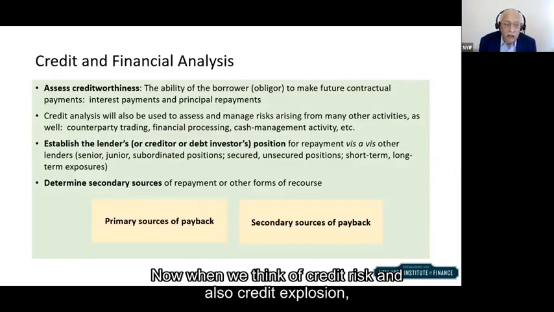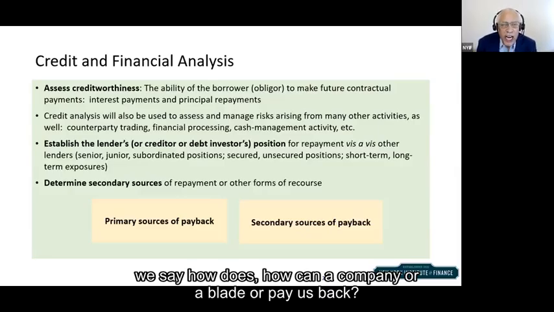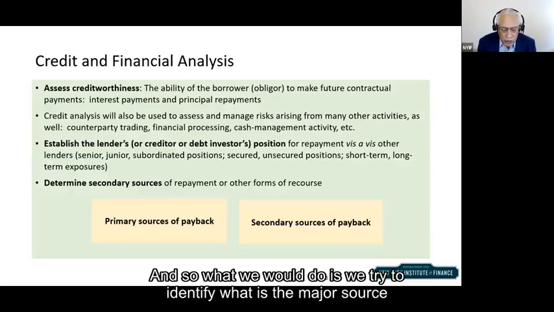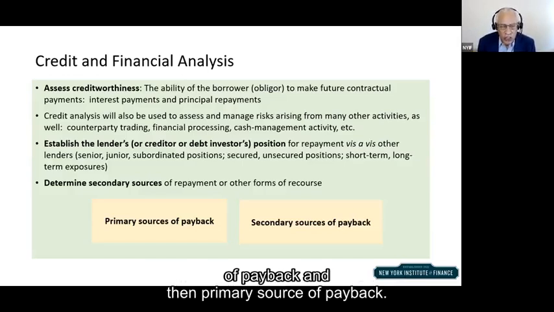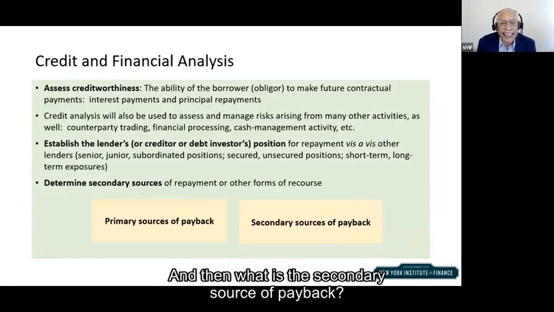Now, when we think of credit risk and also credit exposure, we say, how can a company or obligor pay us back? So what we try to identify is the major source of payback, the primary source of payback, and then the secondary source of payback.